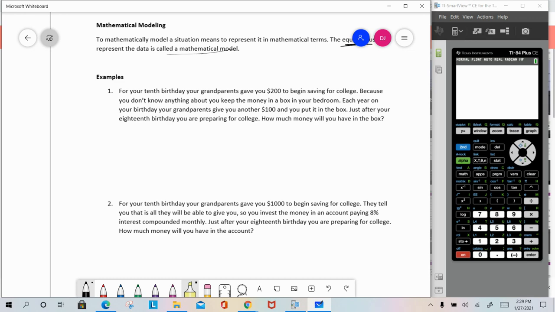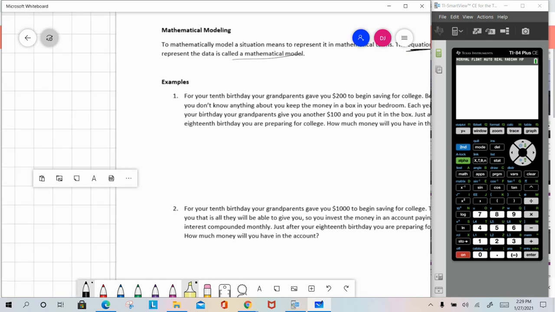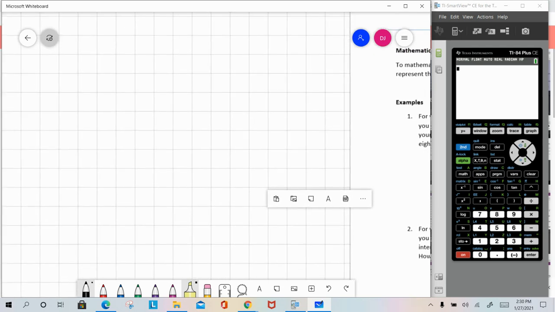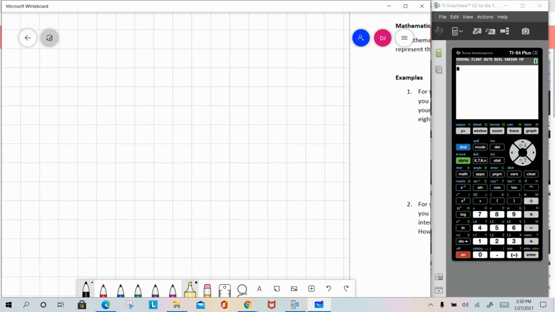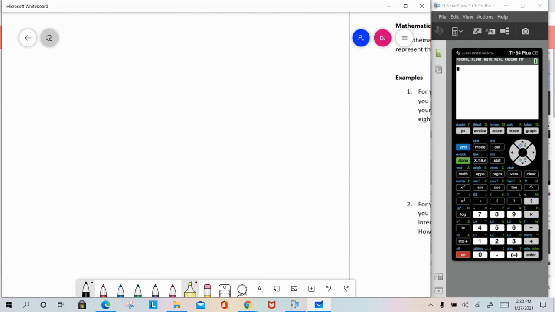Let me come over here to the side and talk about ways to write equations. In an algebra class, you might be taught y equals mx plus b, where m represents the slope, which can also be called the rate of change, and the b represents the initial value. But there's nothing that says it has to be y equals mx plus b.